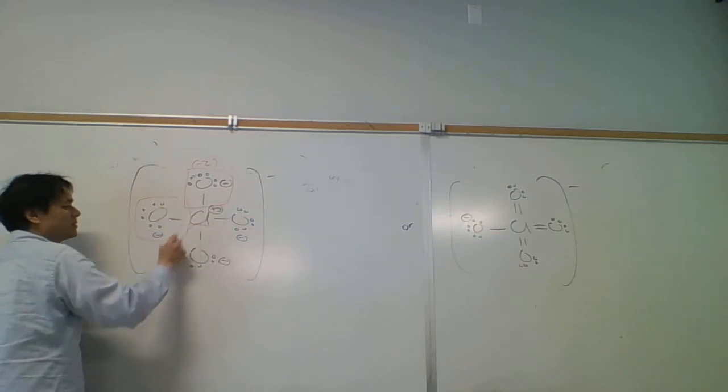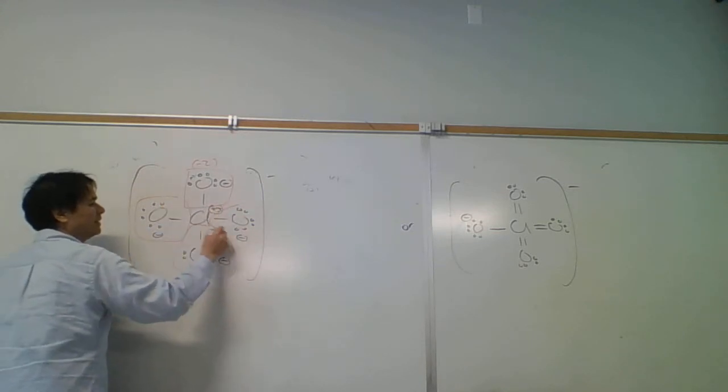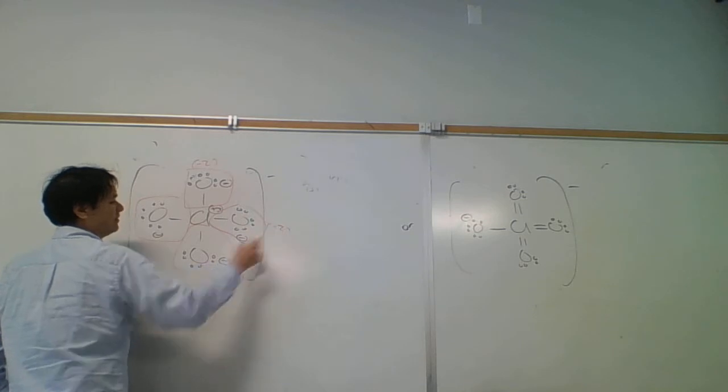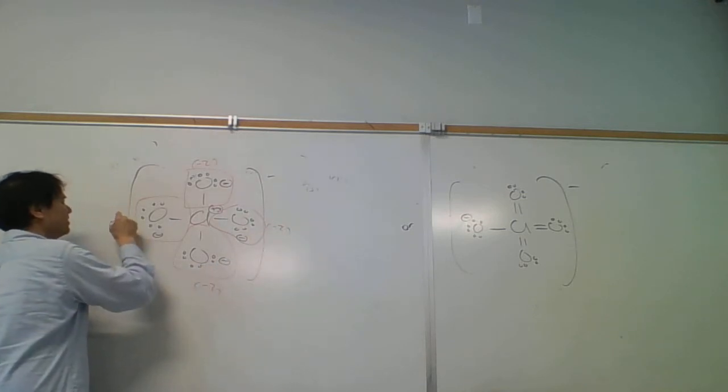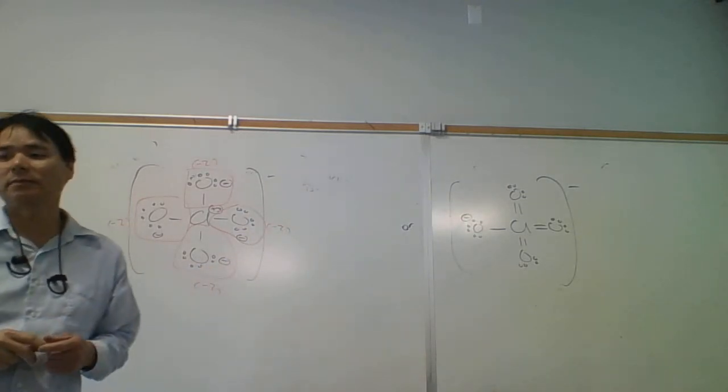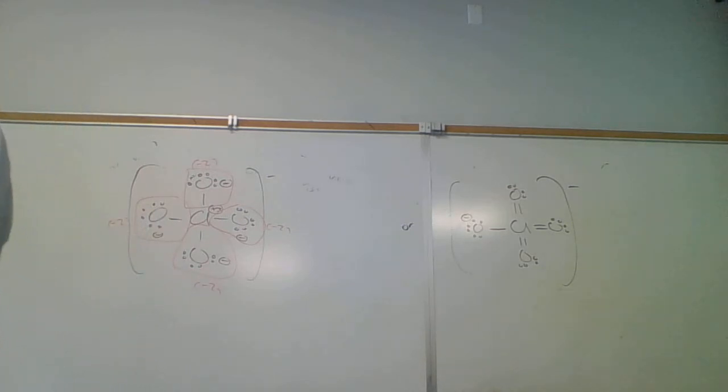All these oxygens are the same. -2, -2, -2. We can't compare oxidation states with formal charge. You can't compare them directly. The oxidation state is -2, however the formal charge is -1. And they say different things.